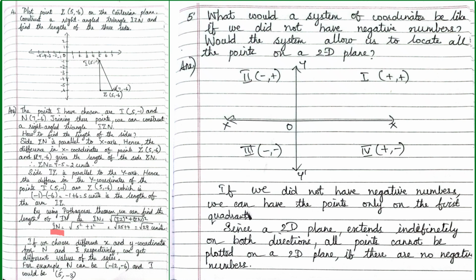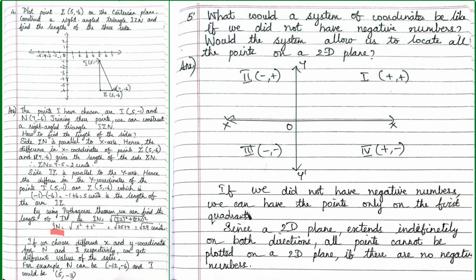But the only constraint which you should consider is it should form a right angle at Z. So based on that, as we have seen in the previous exercises, if it is not parallel to any of the axes, once again we need to find the length of that particular side by using the Pythagoras theorem. Let's move on to question number 5.